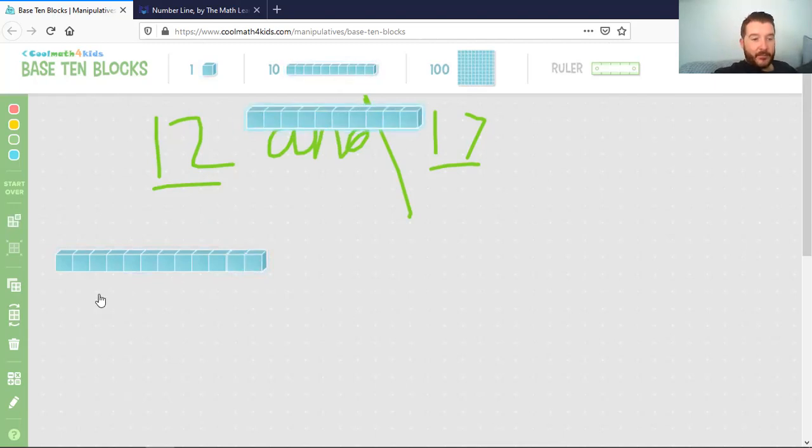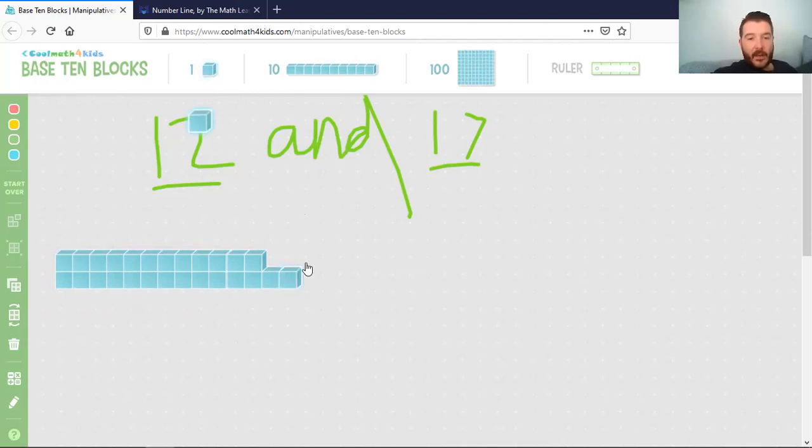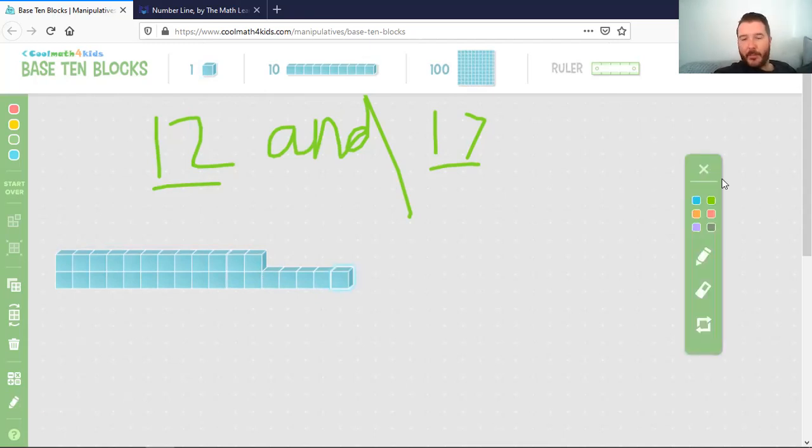So 10, 11, 12, 13, 14, 15, 16, 17. Now you can see here, the top number is 12, the bottom number is 17.